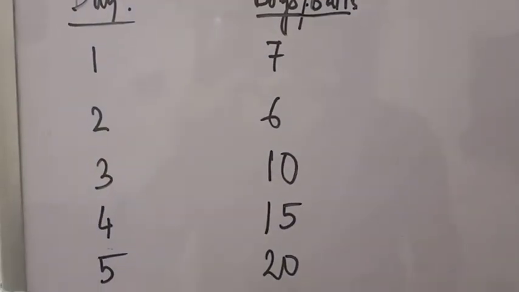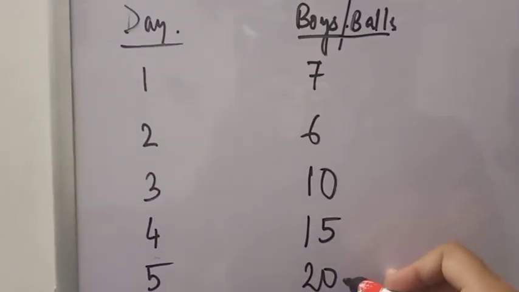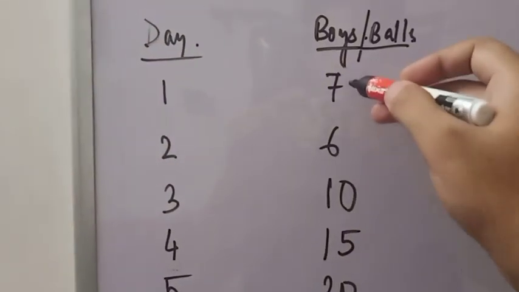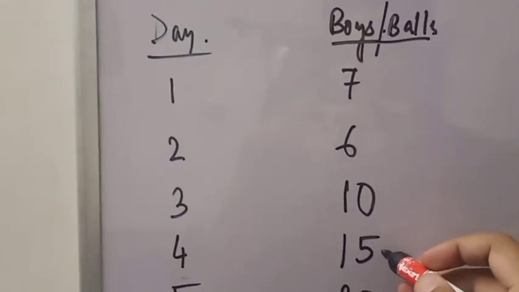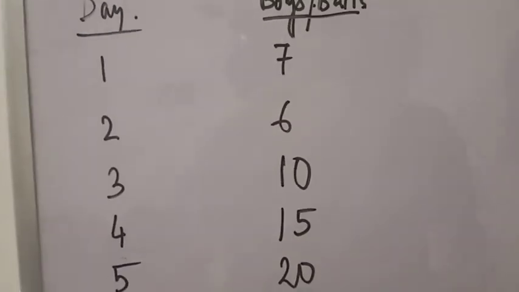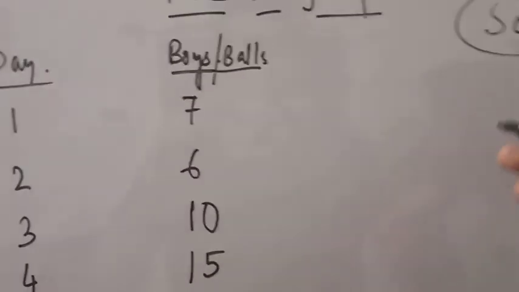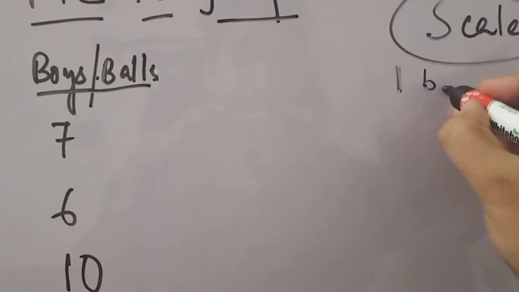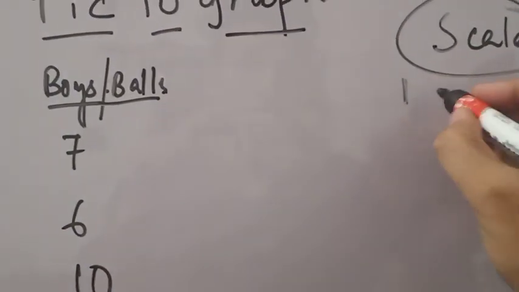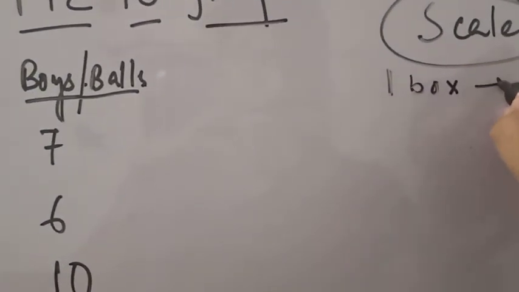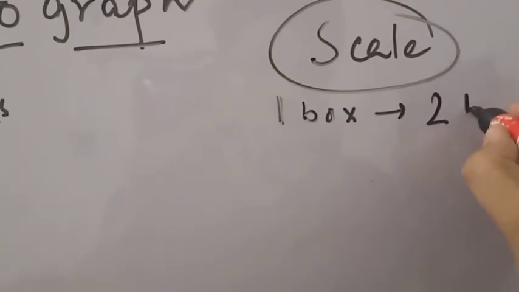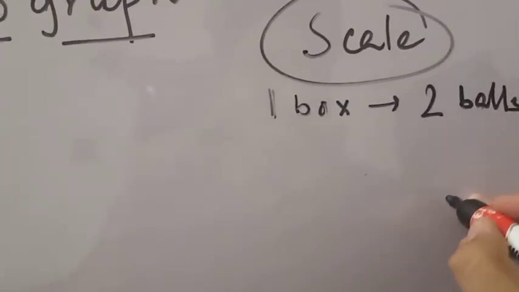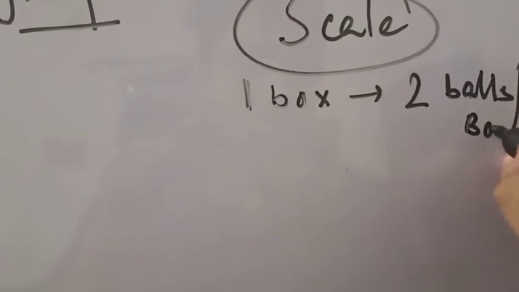See that this is a multiple of 2, this is a multiple of 2, this is a multiple of 2, this is not a multiple of 2, but this is not a multiple of 2. Okay. If I take one ball, one box to represent 2 balls or boys.